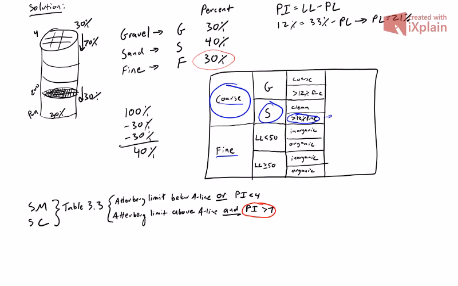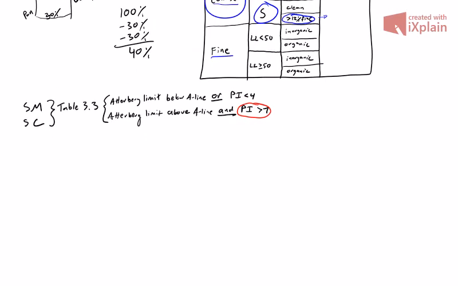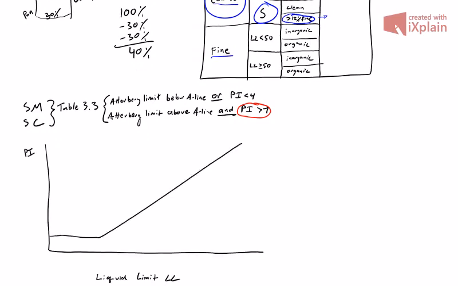So now we need to see if we meet the other condition, this Atterberg limit above the A line. So to do this, we have to look at the USCS plasticity chart, which looks something like this. All right, so using the liquid limit and the plasticity index for our soil, we're going to see if that point that it plots is above or below that A line.